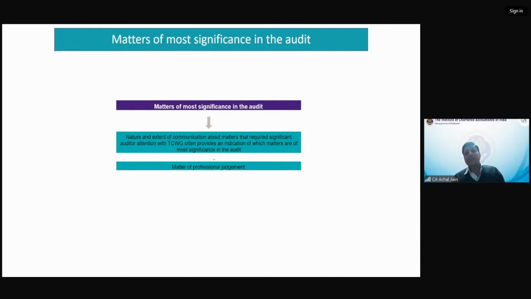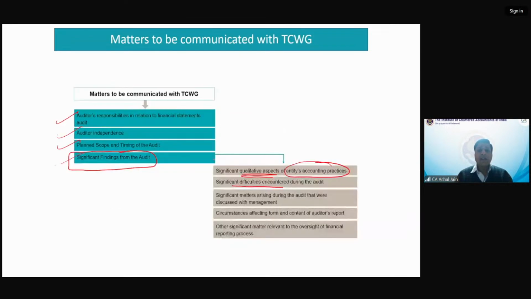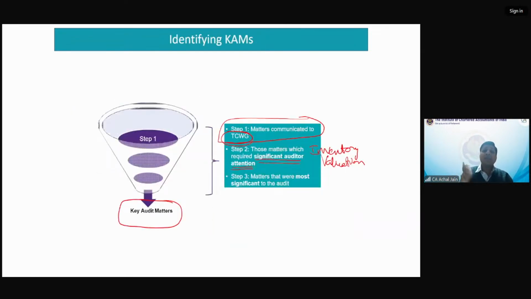Why? Because its impact on the financial statements could be huge. So some of these factors, auditing standard requires the auditor to look at. Why? Because this will become the basis for identifying what matters have been the key audit matters during the course of audit.